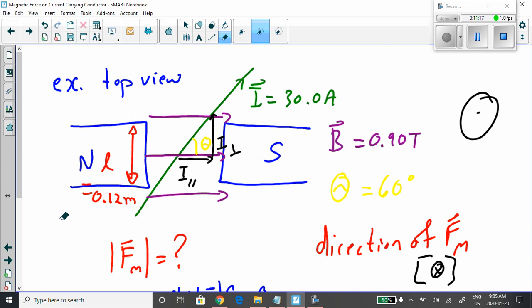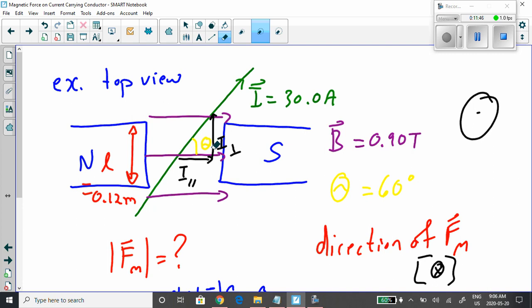Well, you use your right-hand rule. And I hope you realize that if you use your right-hand rule on the current, you'll see that the current has a portion that's parallel and a portion that's perpendicular to the magnetic field.